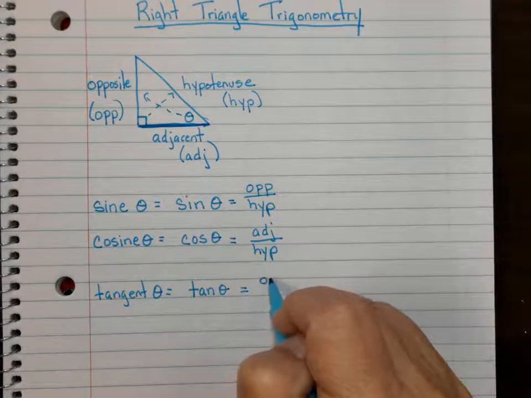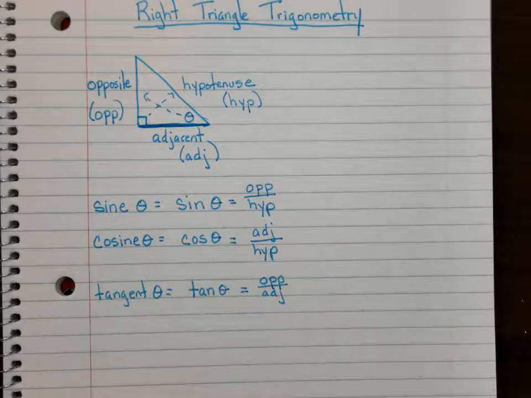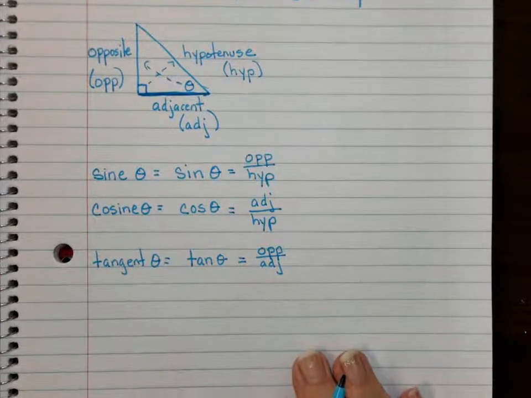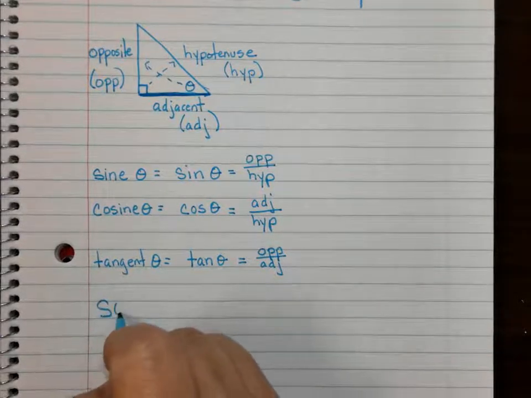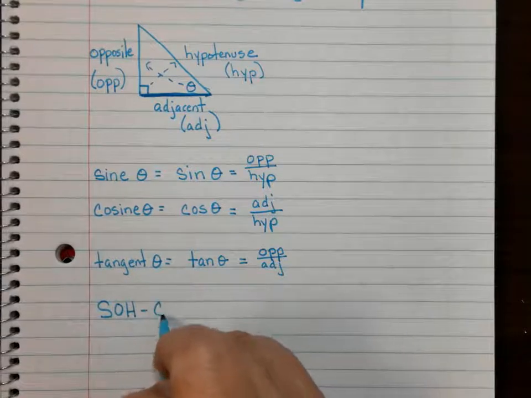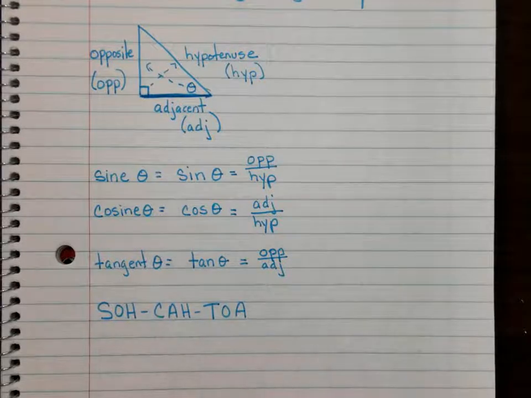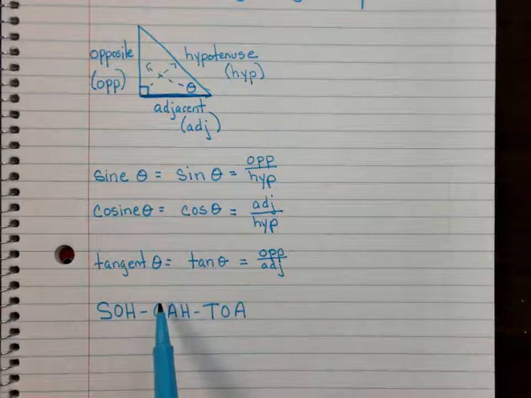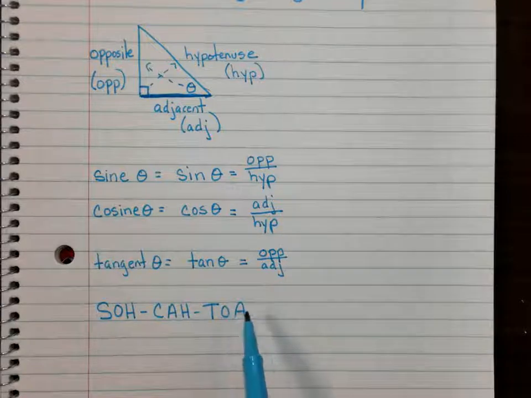And tangent of theta equals opposite over adjacent. And you learn these in geometry, and in learning them, you probably are familiar with the acronym SOHCAHTOA. So sine is opposite over hypotenuse, cosine is adjacent over hypotenuse, and tangent is opposite over adjacent.